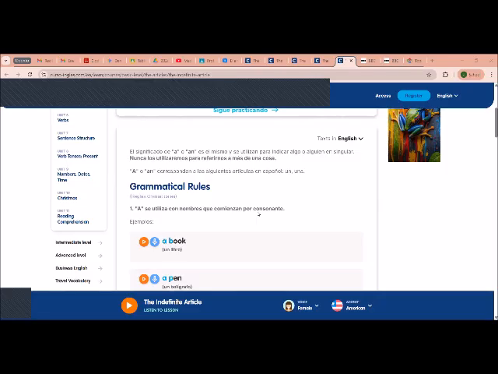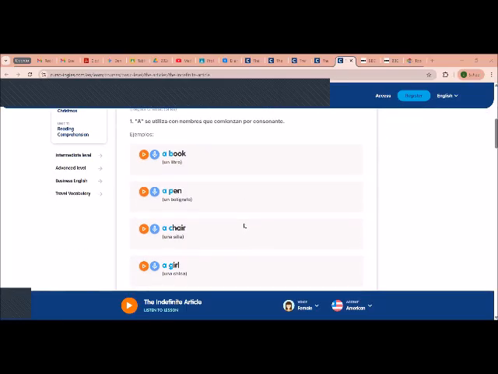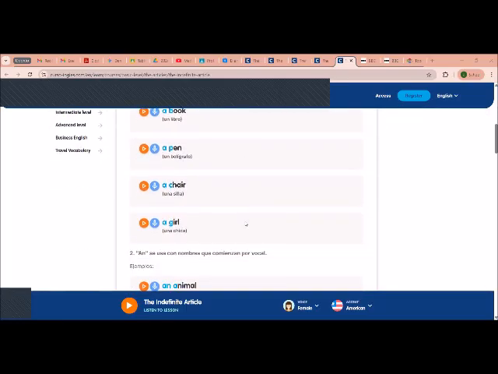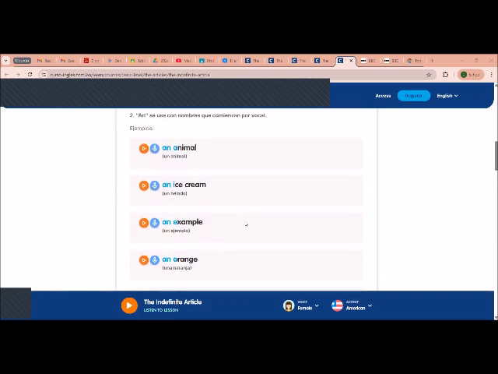You're counting. Is this item countable? Is it one item? Use a or an for those. Now, you're going to use a if it's a consonant sound. And you're going to use an if it's a vowel sound.